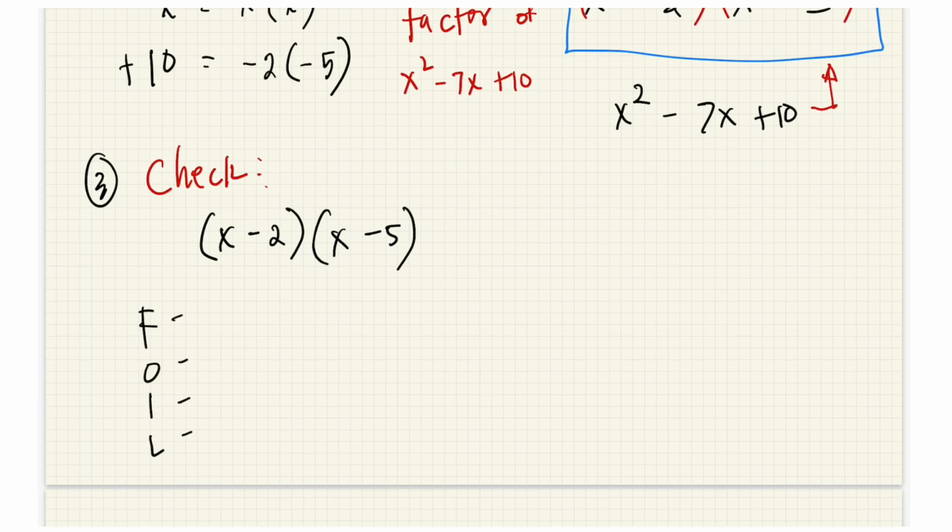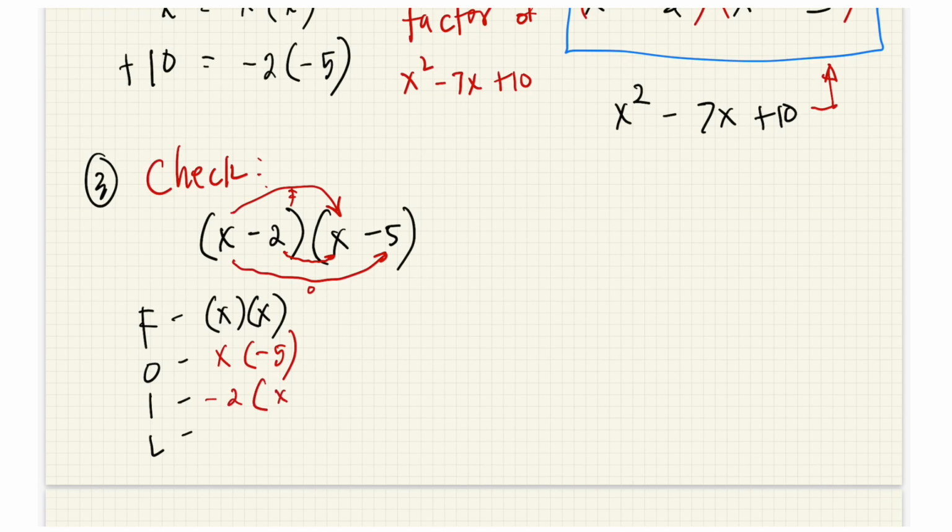So we have x times x. This is our F. Next is x times negative 5. This is O. Next we have inner, so we have negative 2 times x.